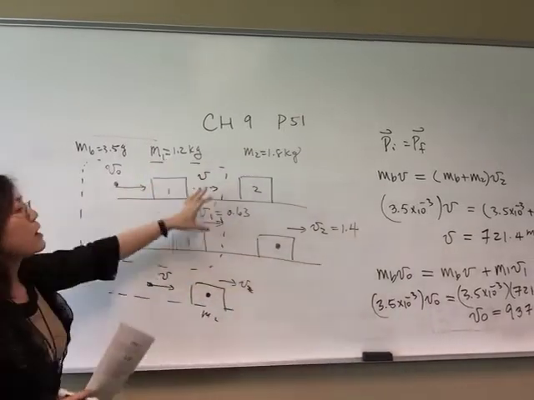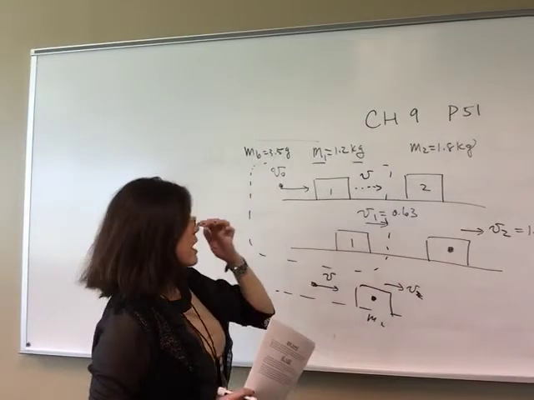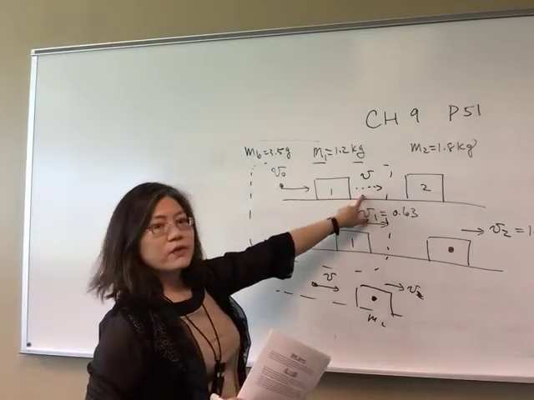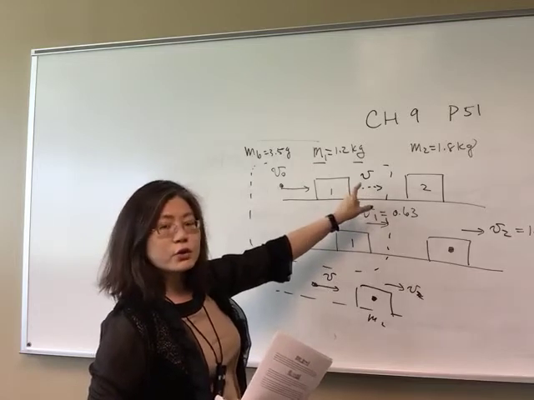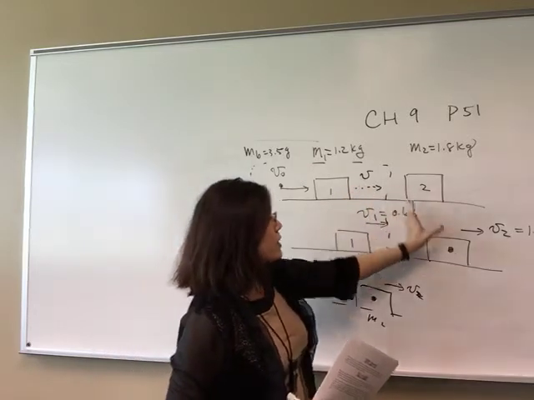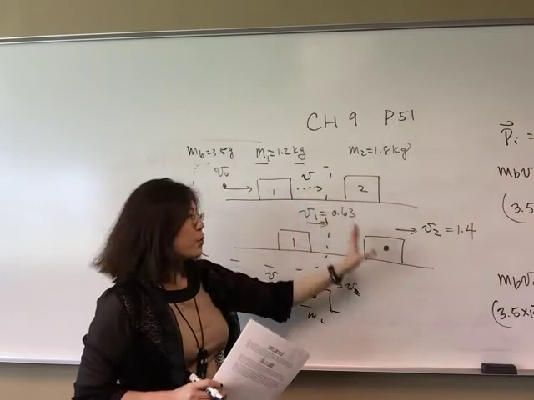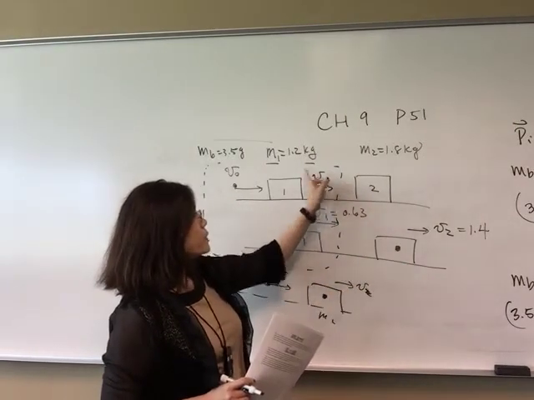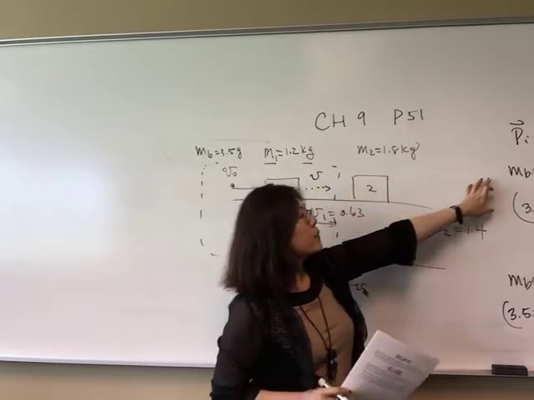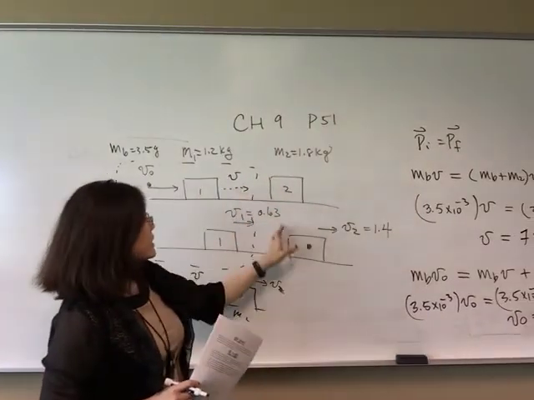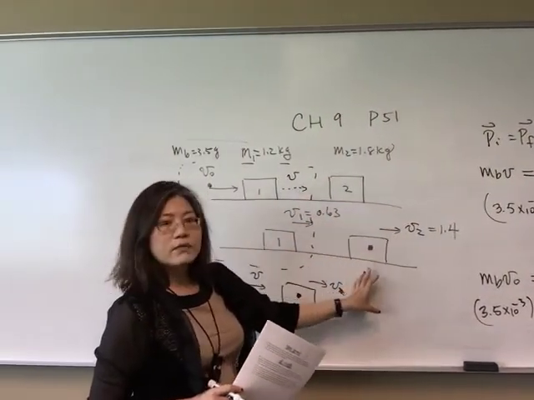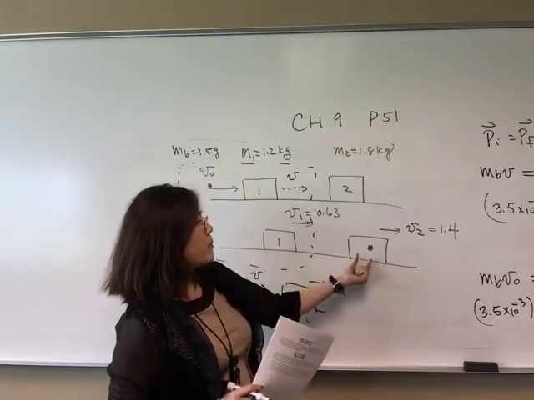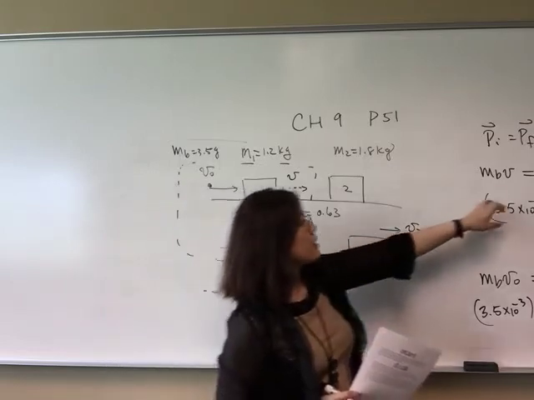You have to actually utilize the other part of the information, and that information is that when the bullet emerges with this velocity, you treat that as the initial velocity of the bullet, and then look at the interaction, the collision between the bullet and the second block. So this bullet will carry a linear momentum, and that is equal to after, during this completely inelastic collision, the mass times the velocity.